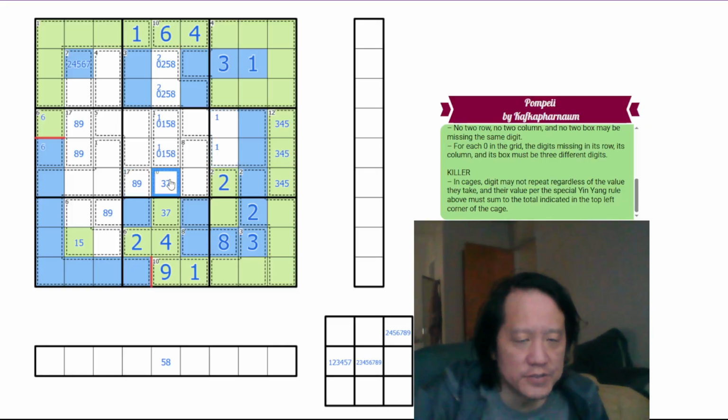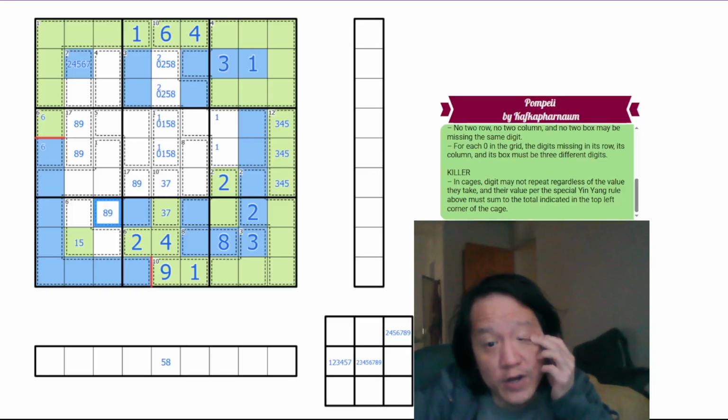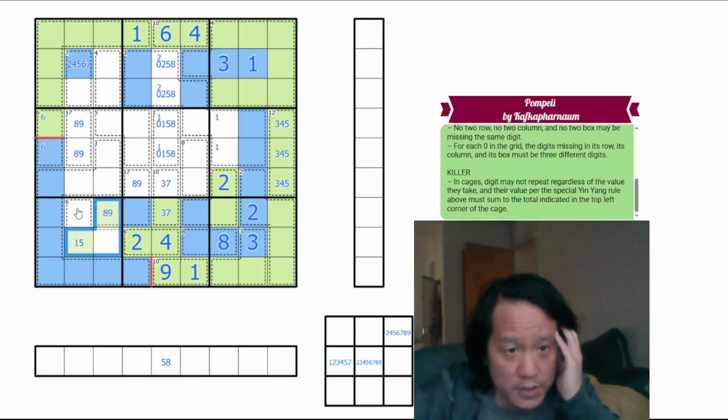This is valid, this is valid. So either they're both blue or they're both green. That's interesting. This is valid, so this is green. Okay, so then it goes green, green, which means the other one is blue. Okay.